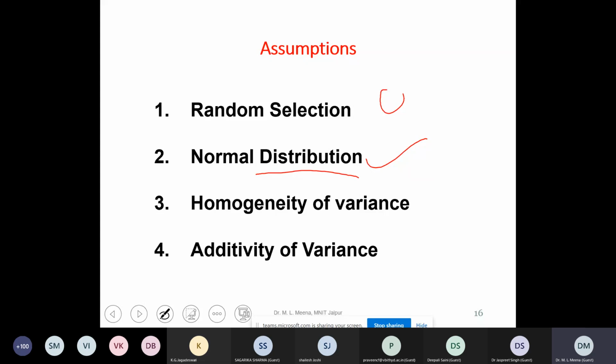All subpopulations have the same variance. And last is additivity. Total variance should be equal to the sum of between variance and within variance. So these are the assumptions for finding the F value for the one-way ANOVA test.